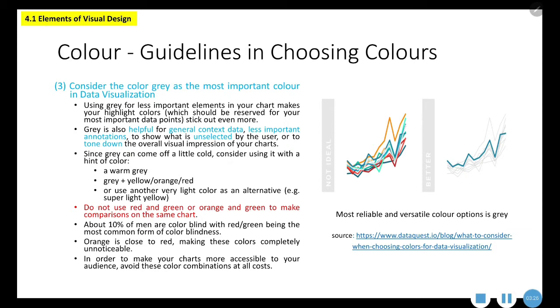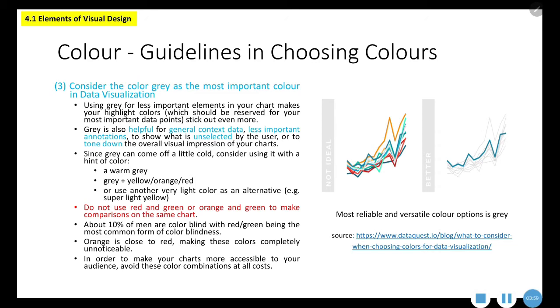Another tip or rule: do not use red and green or orange and green together to make a comparison on the same chart, because about 10% of men are color blind, with red or green being the most common form of color blindness. So we want to avoid confusion. Orange is close to red, so if you use orange, it will make these colors completely unnoticeable.